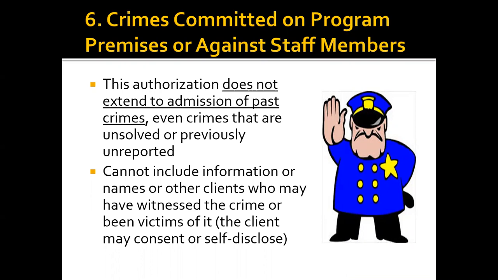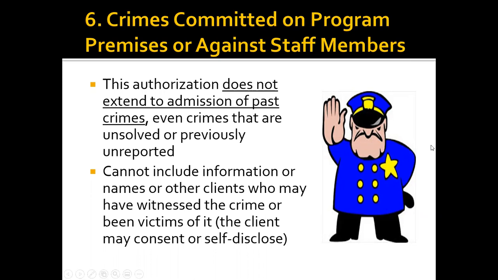Or if there's a crime against a staff member, a client assaults a staff member. It doesn't happen very often, but if a client were really agitated and attacked a staff member while in treatment, those crimes can be reported and you can break client confidentiality.